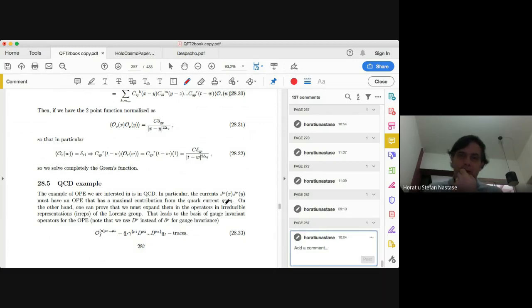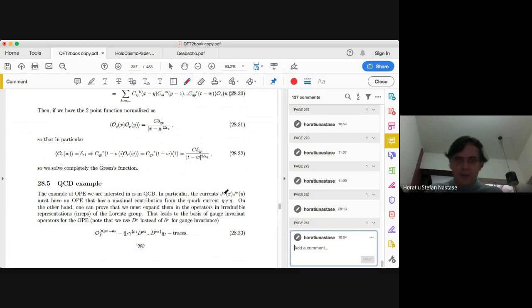These currents are protected, so they don't have anomalous dimensions. But the product of two operators is still expanded via the OPE into the complete set of other operators.